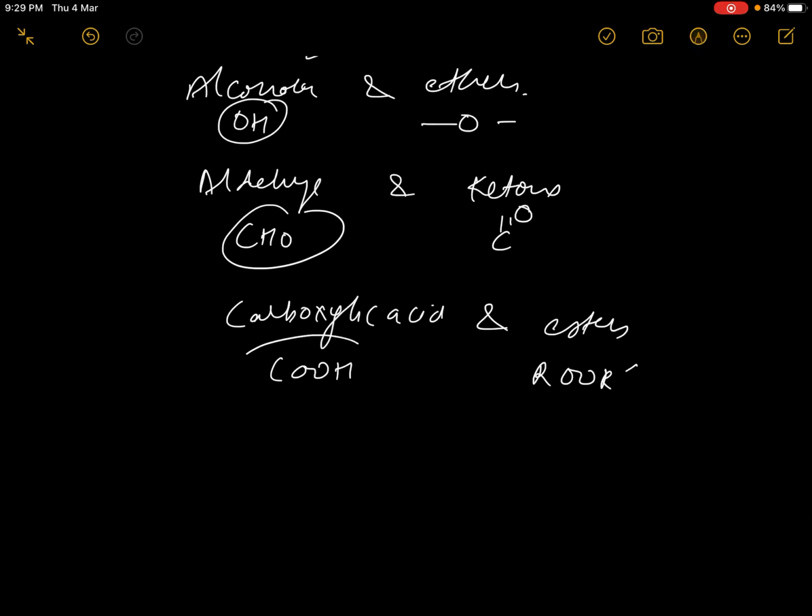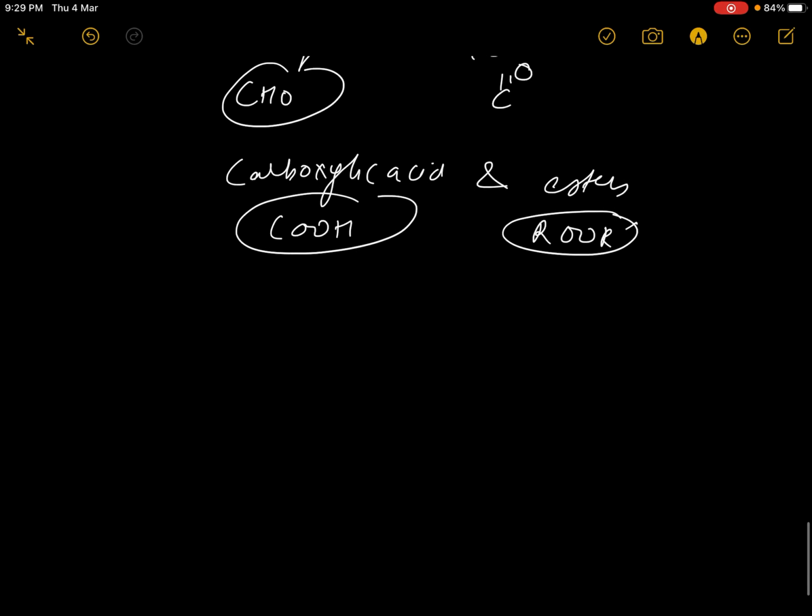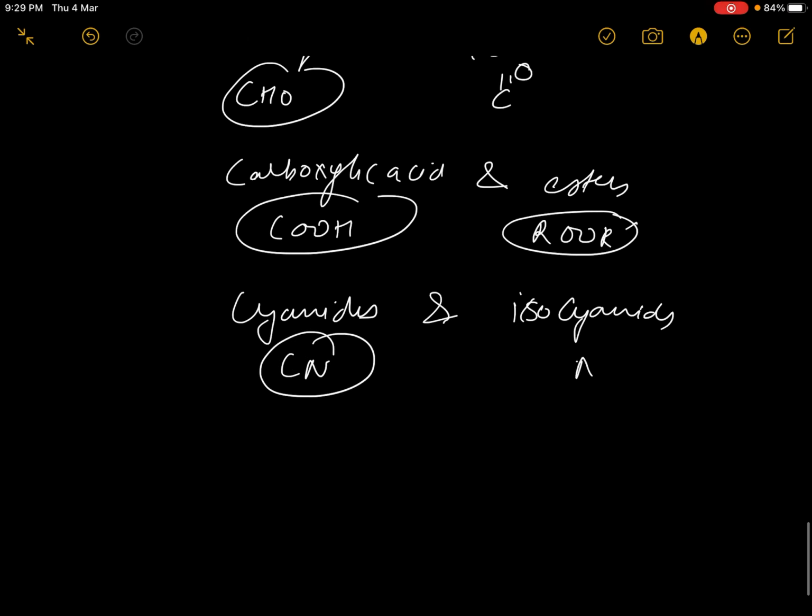Then comes another pair of isomers, the cyanide and the isocyanide. These are CN and NC. These are the functional isomers.